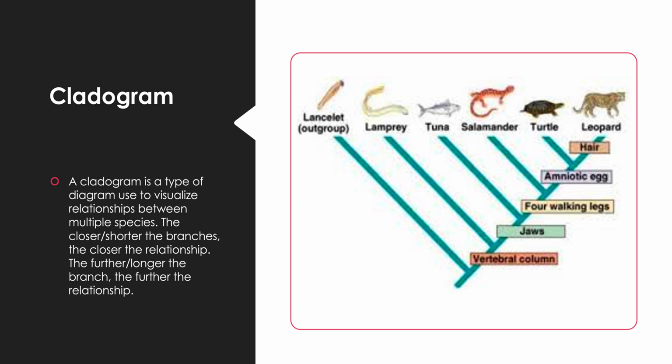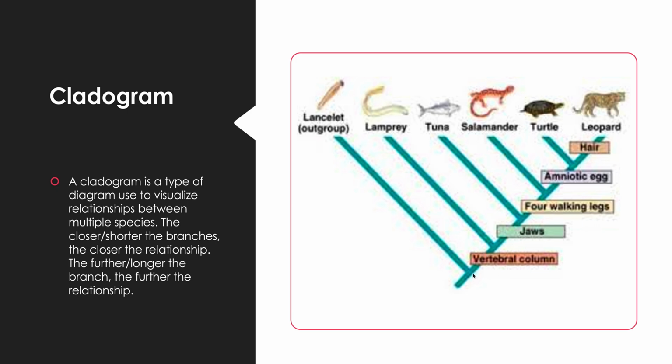The further the branches, the less related. So let's look at this image here. For each branch, we're looking at a feature. All the branches above that point have to have that feature.